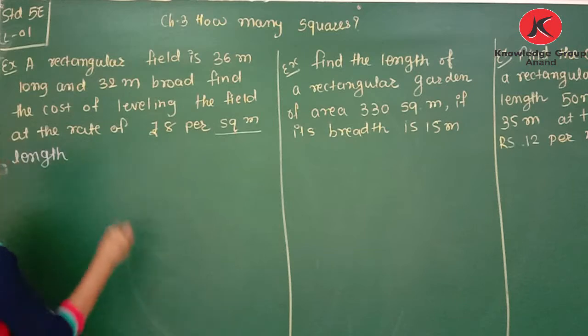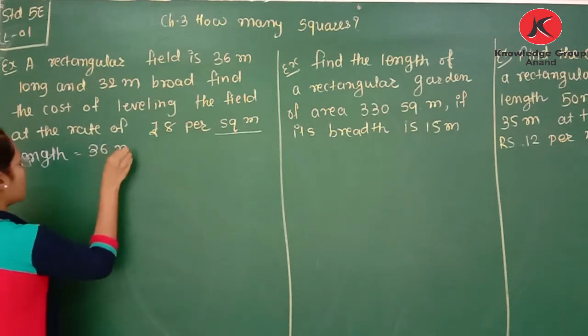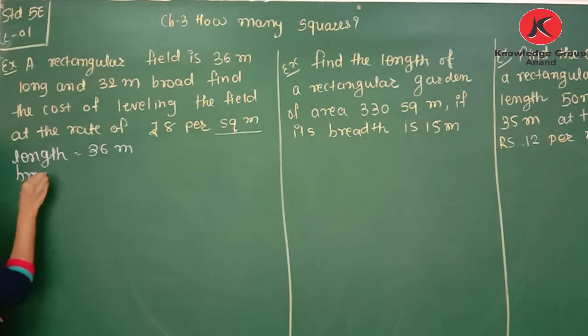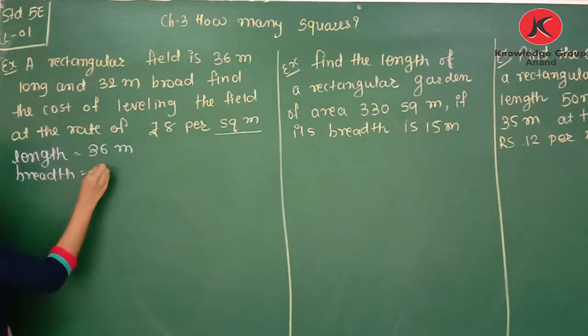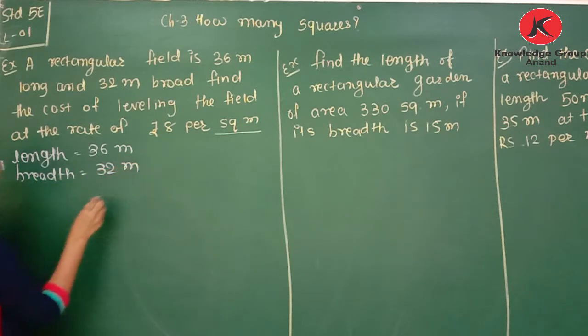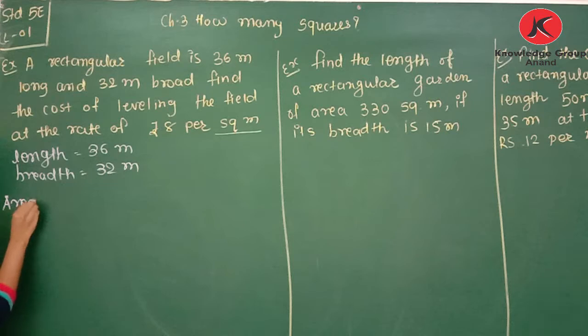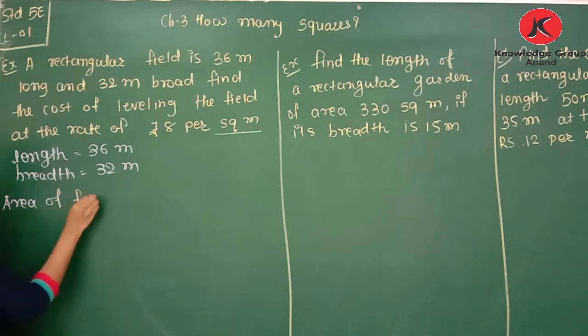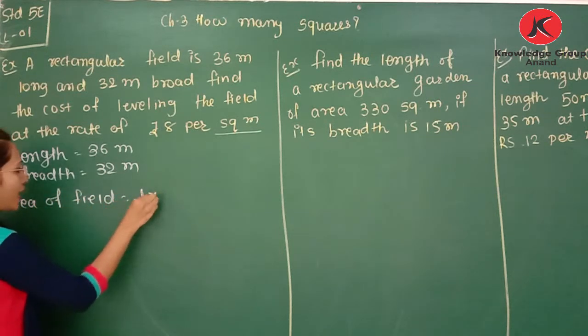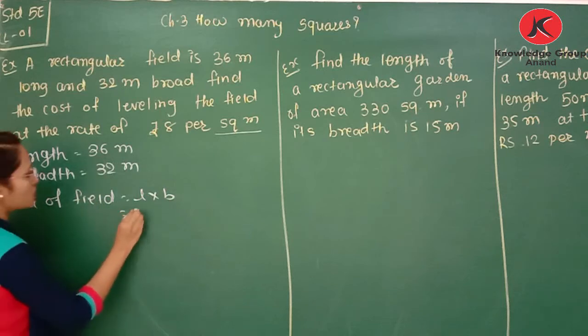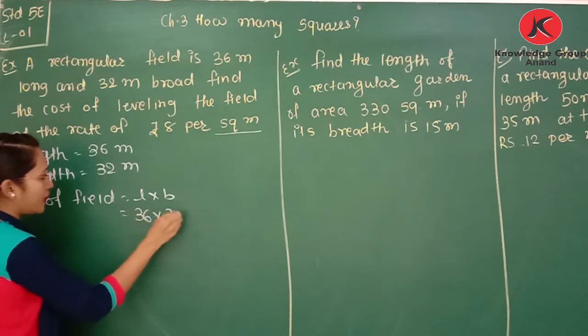So here length is 36 meter and breadth is 32. So area of field is equal to L multiply B. Length is 36 multiply 32.